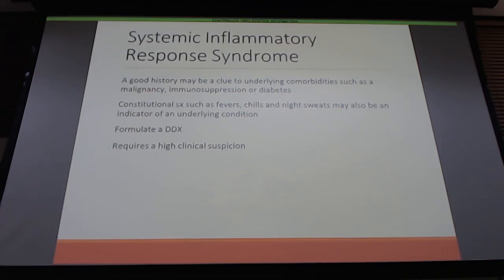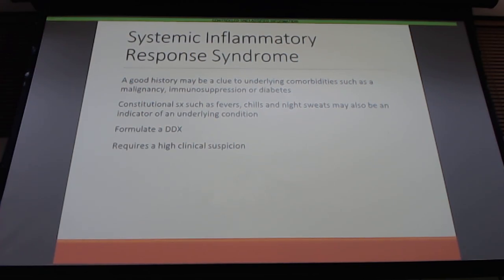So a good history can eventually get you some clues to a possible underlying comorbid condition that has not been diagnosed yet. Malignancy, immunosuppression, diabetes, big ones. They can have constitutional symptoms such as fever, chills, and night sweats, which may also be an indicator for underlying conditions. Those are some of your B symptoms, telling you that maybe this person has cancer, it just has not been diagnosed yet.